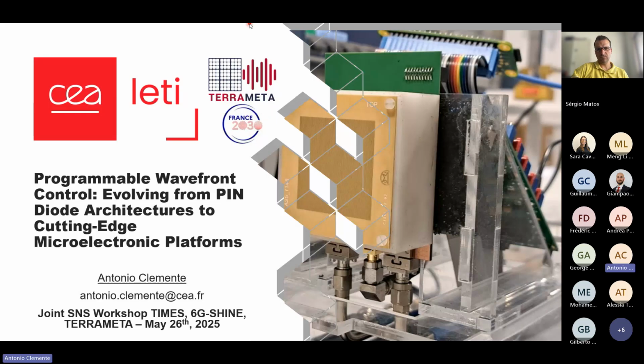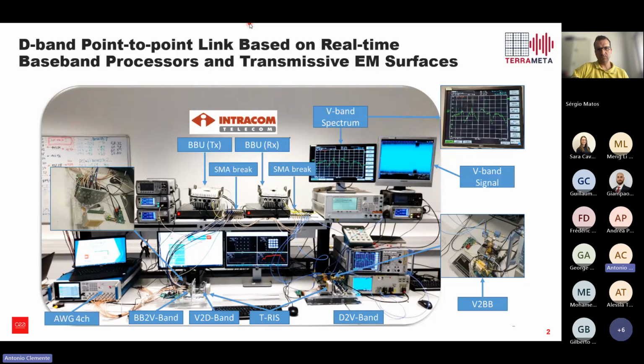It works. Okay. So in the TERRAMETA project, we are developing, as one of the proofs of concept, a full D-band point-to-point link demonstration that merges the radio frequency technology that has been developed in Leti in the last years, that you can see here.